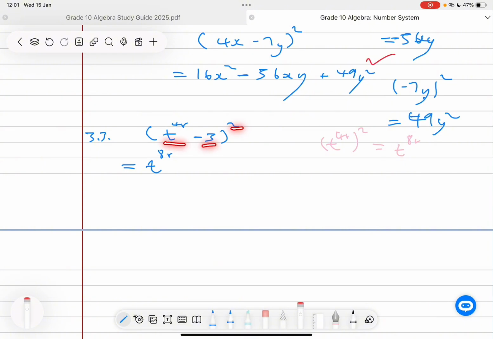Then we take the 2, we multiply it by these 2 terms, so that now we're going to have 2 times t to the power 4r times negative 3. So this means I'm going to have a negative, because positive, positive, negative will give me a negative. Then I'm going to have 2 times 3, which is 6, times t to the power 4r.